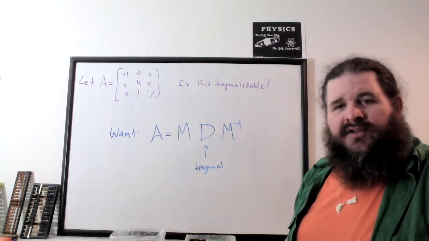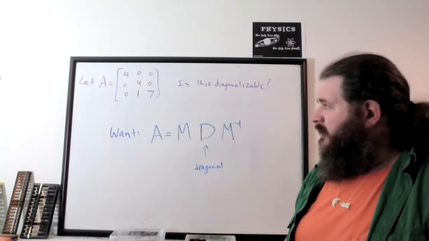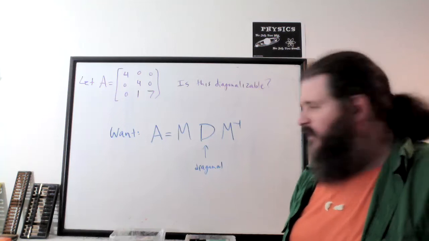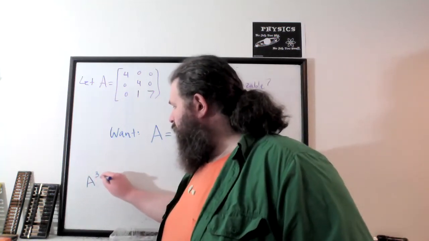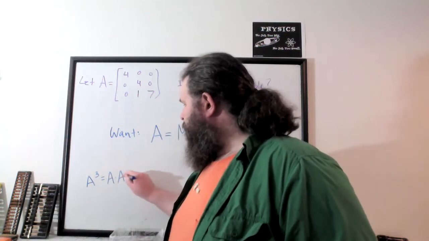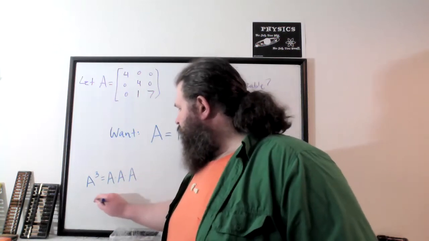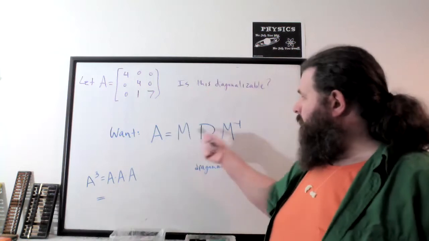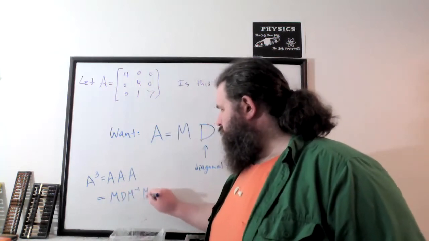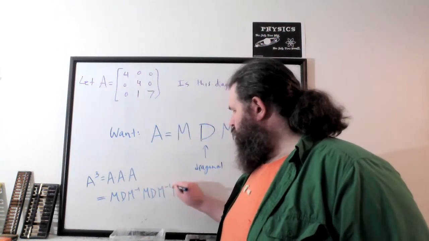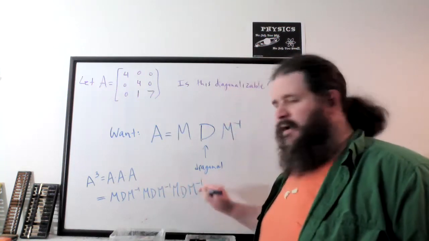And one of the reasons this is tremendously useful, I think this is probably one of the most useful ways of factoring a matrix, is because if you want to multiply A by itself a few times, let's say A cubed, if you actually write out A as M D M inverse each time, what happens when you multiply all those together?